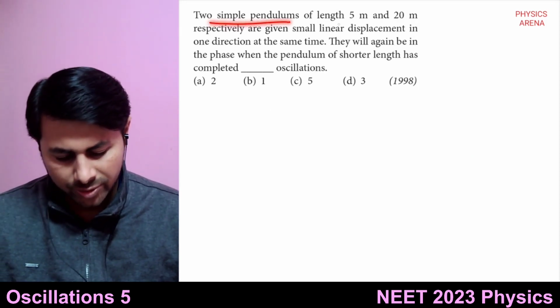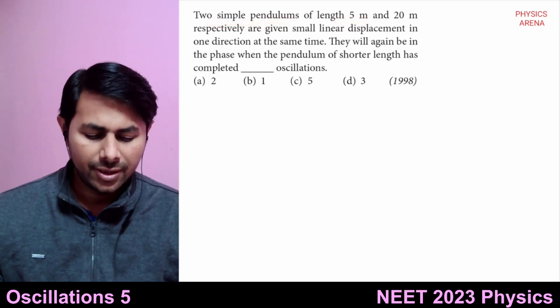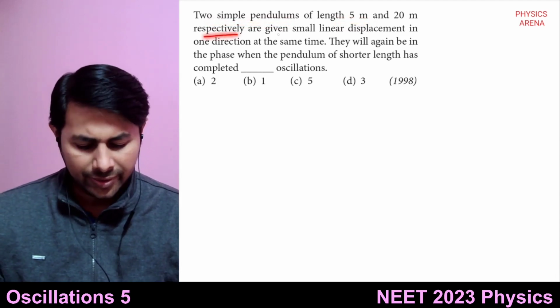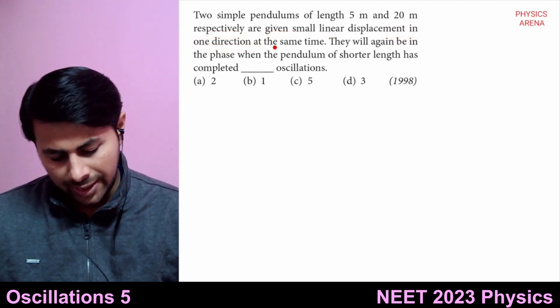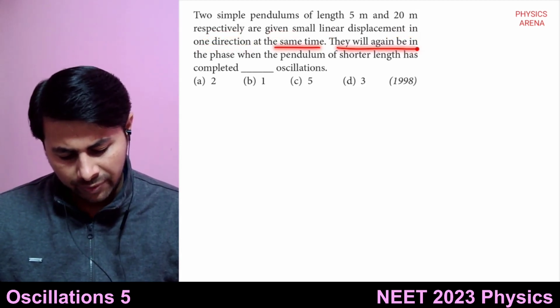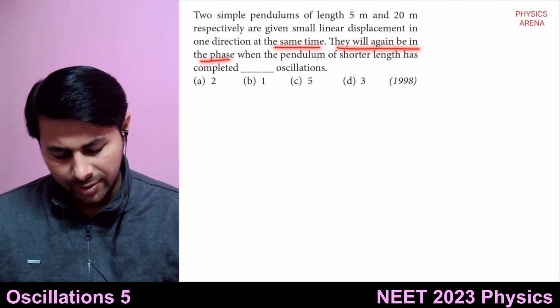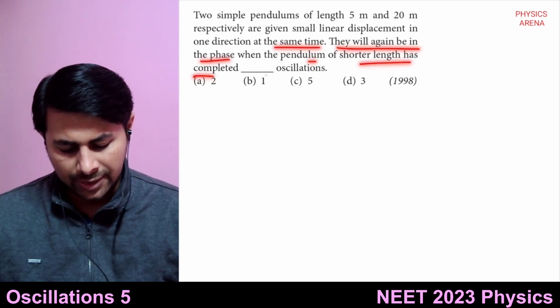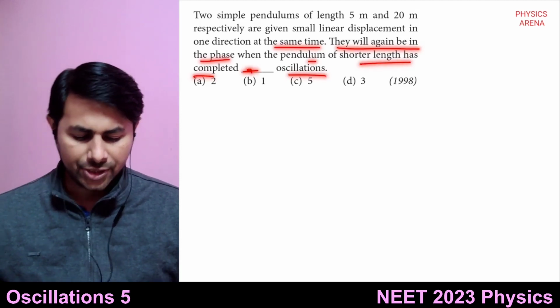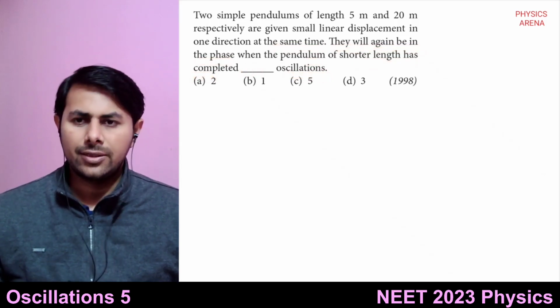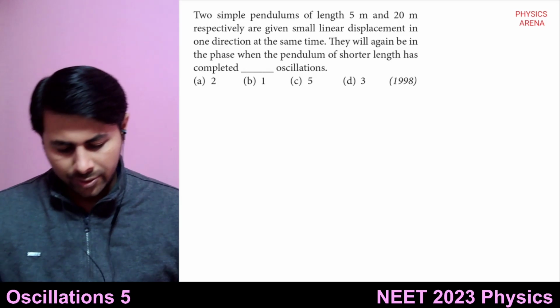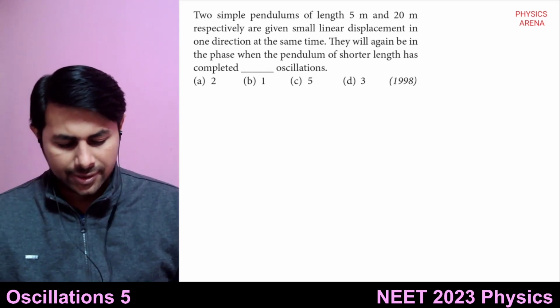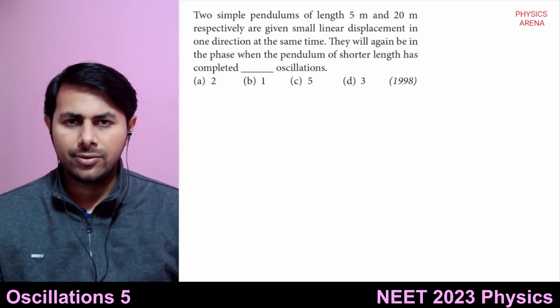Two simple pendulums of length 5 meter and 20 meter respectively are given small linear displacement in one direction at the same time. They will again be in phase when the pendulum of shorter length has completed how many oscillations? So this is a simple question, right? The lengths are in ratio 1:4.